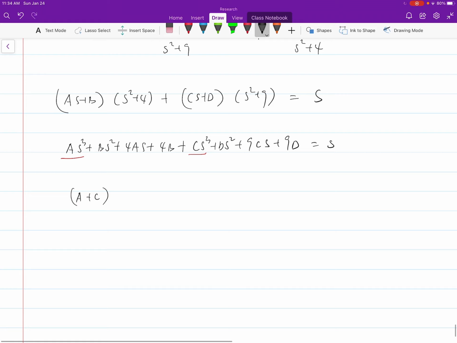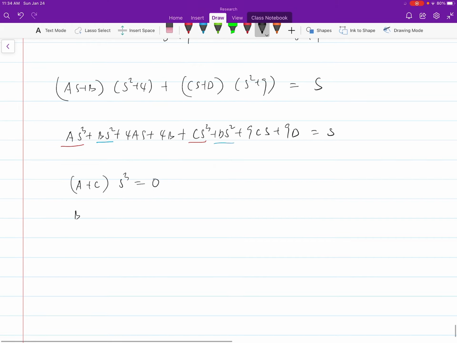It's going to be (A + C)s³ equals 0. Now the s² term: (B + D)s² equals 0.